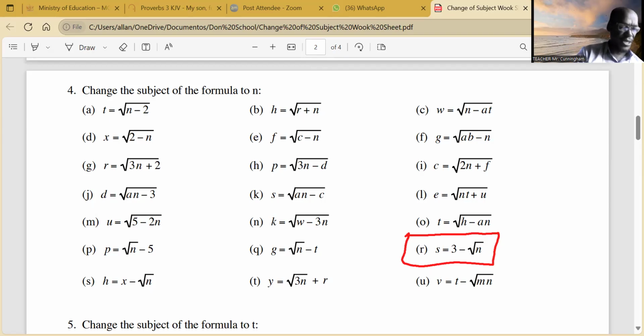S is equal to 3 minus the square root of n.